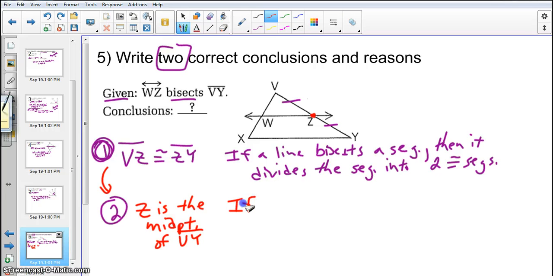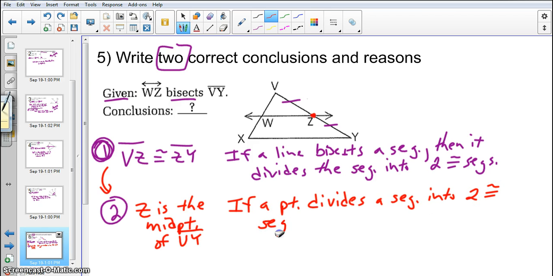The if-then statement would be if a point divides a segment into two congruent segments, then it is a midpoint.